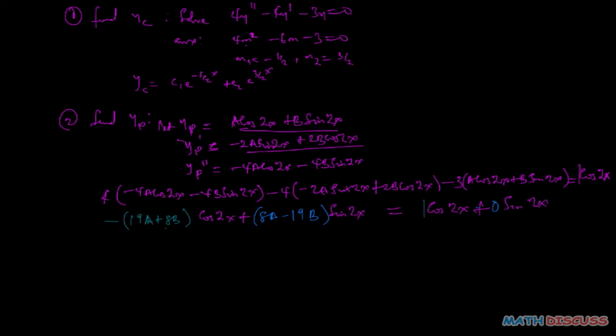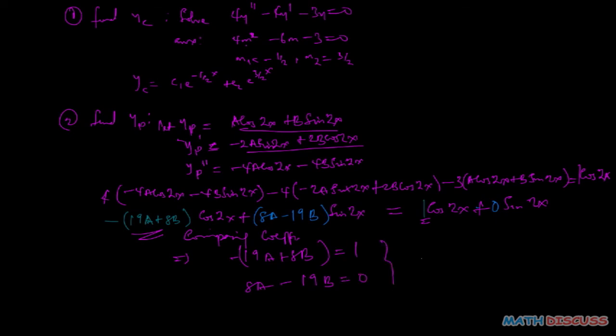Comparing coefficients, minus 19a plus 8b must equal 1, because the coefficient of cosine of 2x on the right is 1. And 8a minus 19b equals 0.